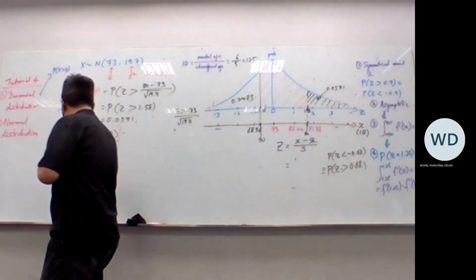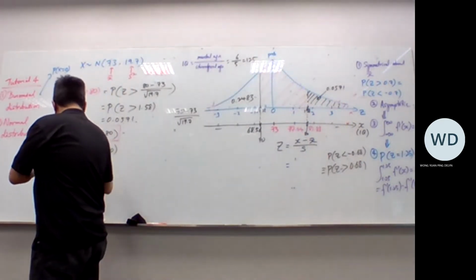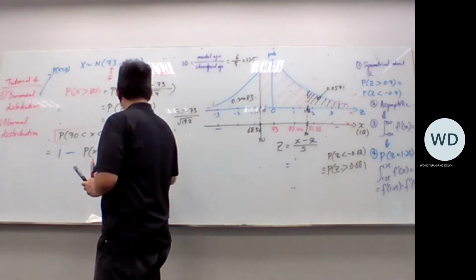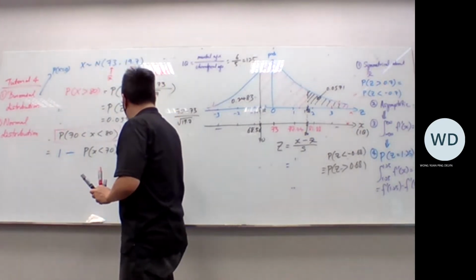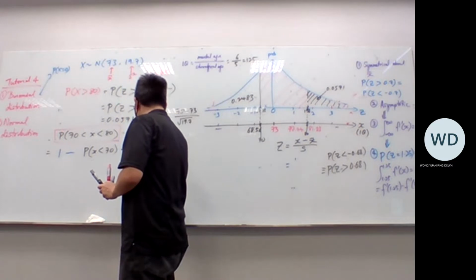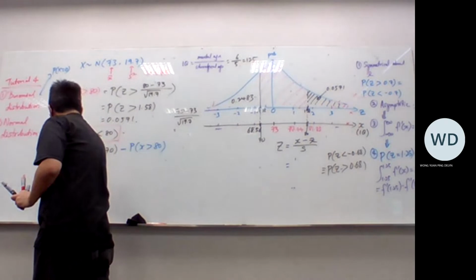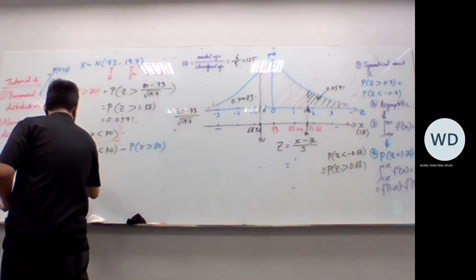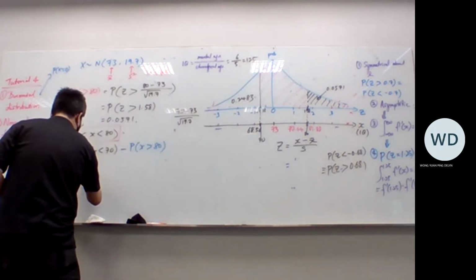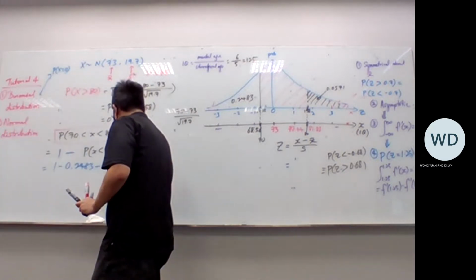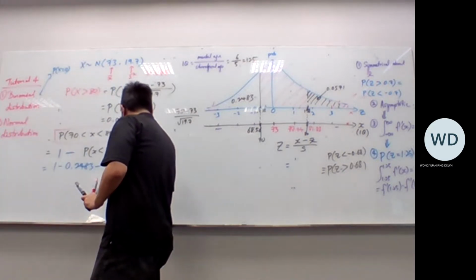So you have 1 minus the probability of x more than 80, then 1 minus 0.2483 minus what you already have, 0.0571.